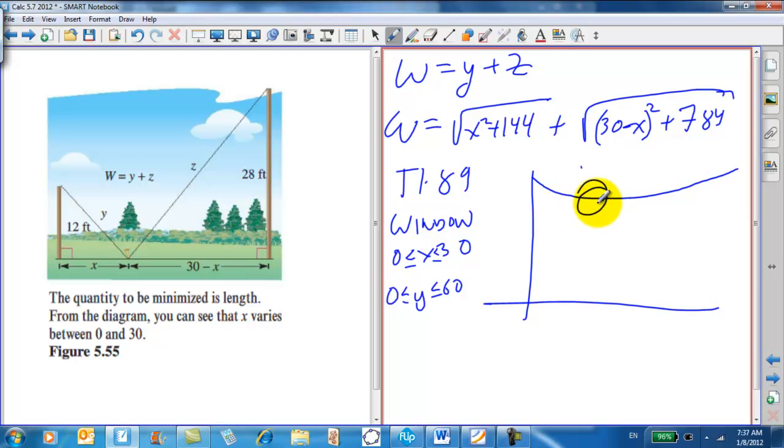So suspecting some minimum in here somewhere between 0 and 30. Closer to this side and this side. That kind of makes sense. Okay. Now let's see what the calculator says the derivative is.